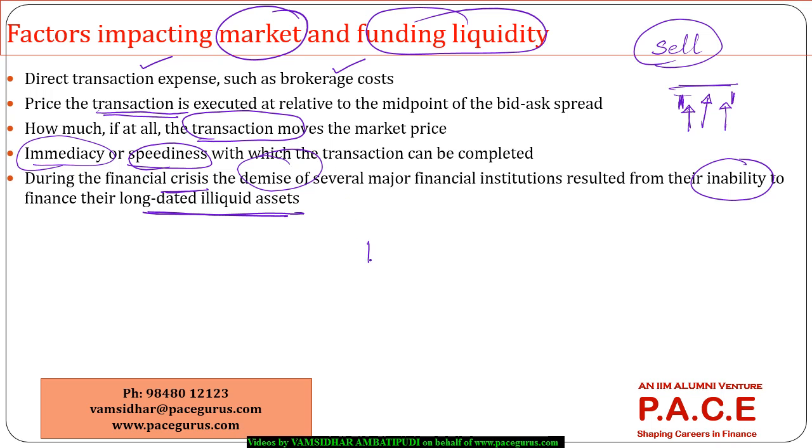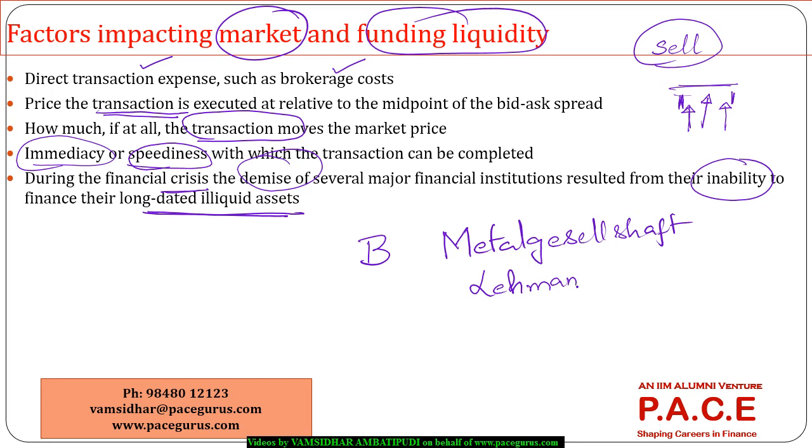Whether you look at Metallgesellschaft, they had a huge number of assets, but there was a lot of liquidity issue, even to the extent of Lehman Brothers. When they went bankrupt, it was majorly the illiquidity-related activities that took them towards bankruptcy. So they had long-dated illiquid assets which could not be funded.